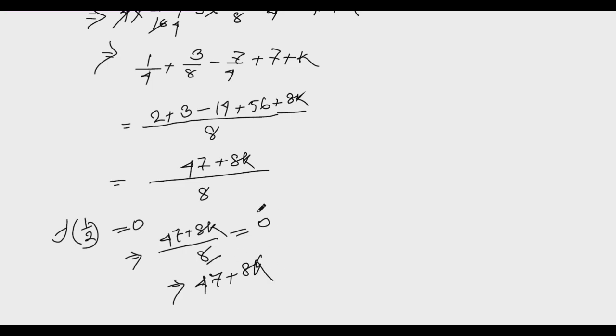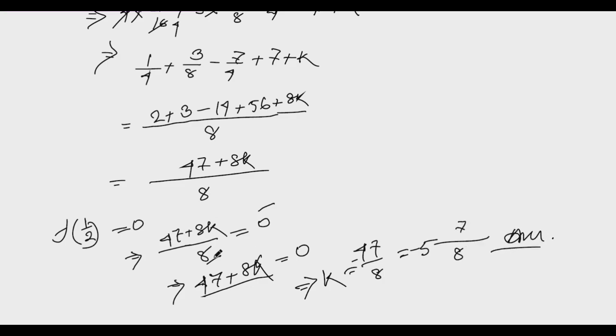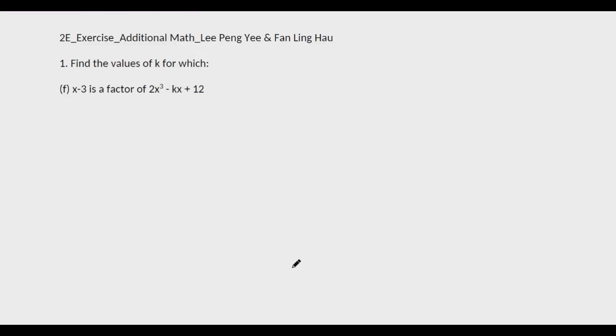So 8 will go to that side, then it will be 0. So from there we can write k is equal to minus 47 over 8. If we reduce this one, we will get minus 5 whole 7 over 8, and this is our final answer, the value of k.